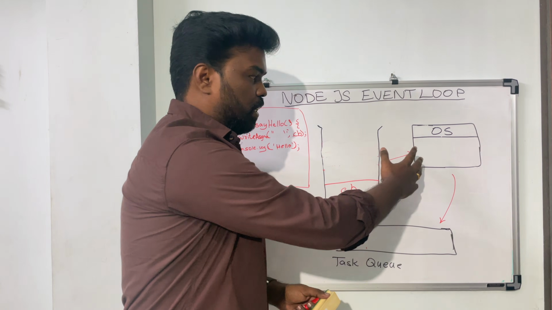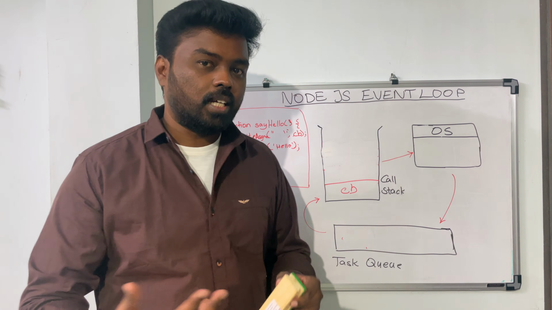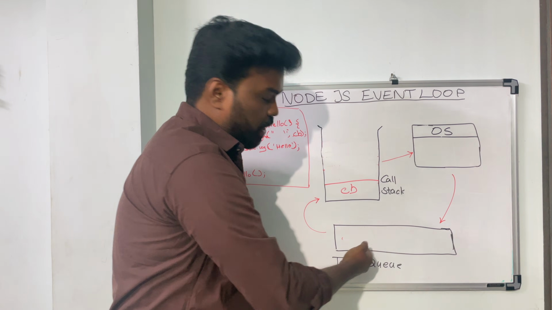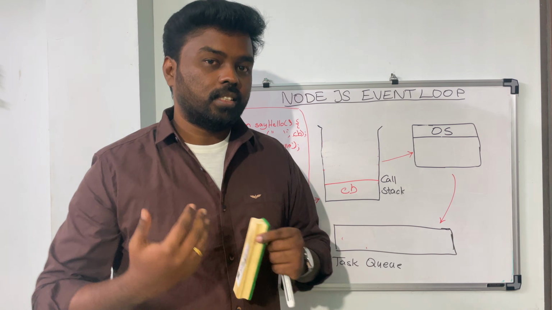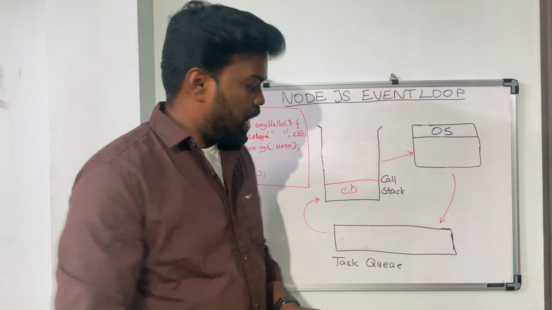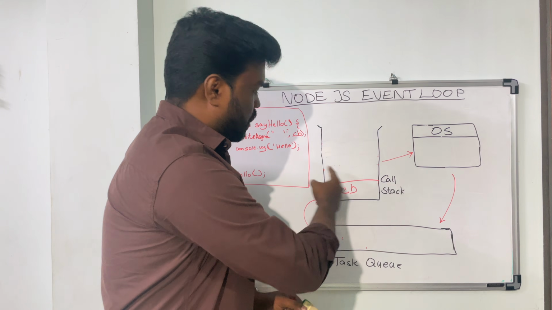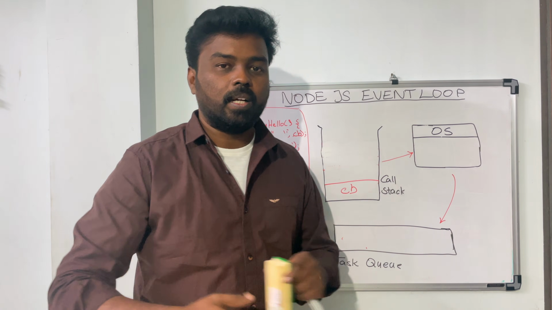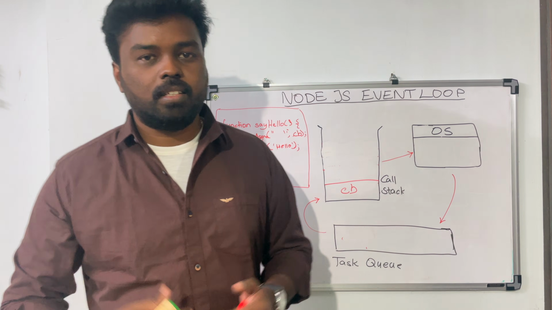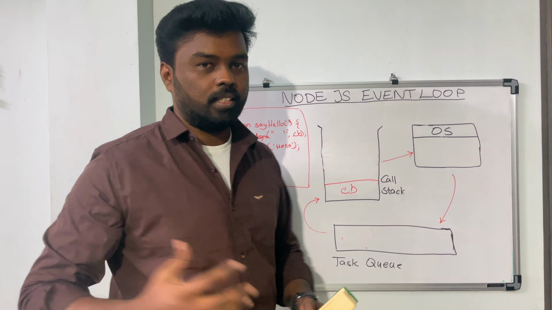It will talk to the operating system, delegate the functionality to the operating system, and then once that job is done, the OS will push the callback into the task queue. And when the next iteration of the event loop kicks in, when the call stack goes empty, and if there are any callbacks available in the task queue, the event loop will move that function to the call stack, and the same loop continues again and again. This is how Node.js actually achieves concurrency using the event loop mechanism.